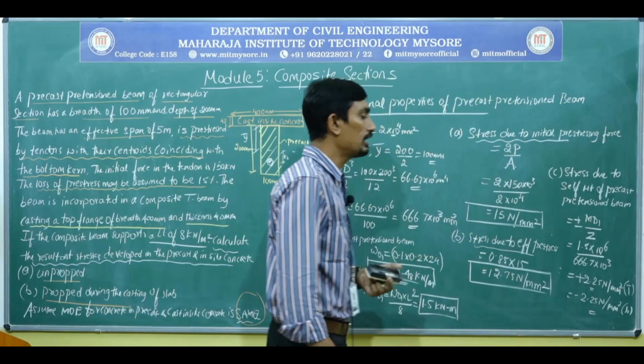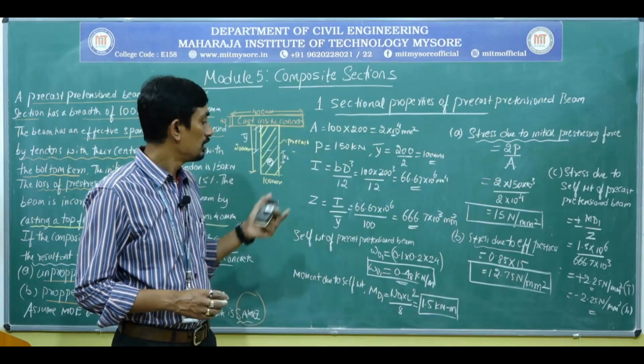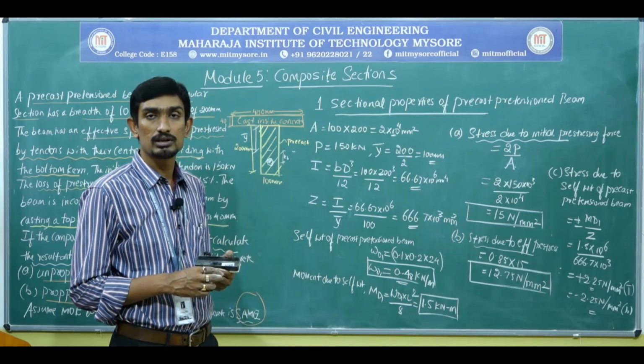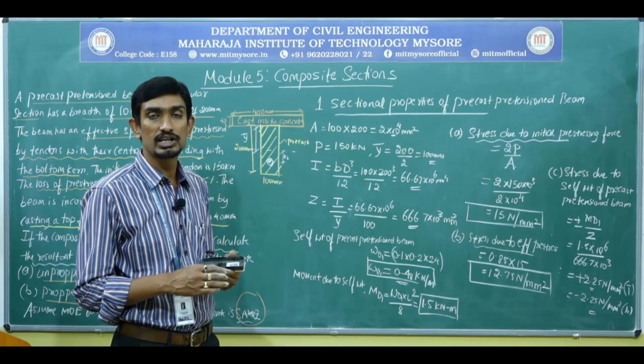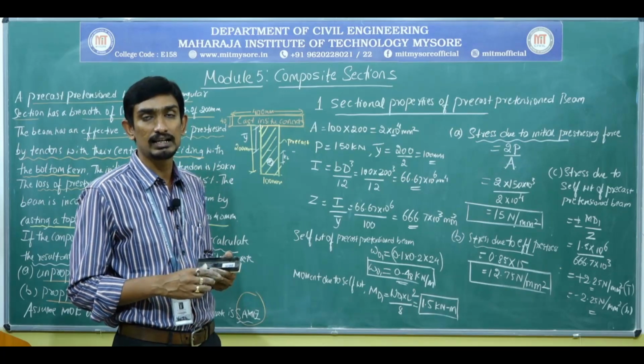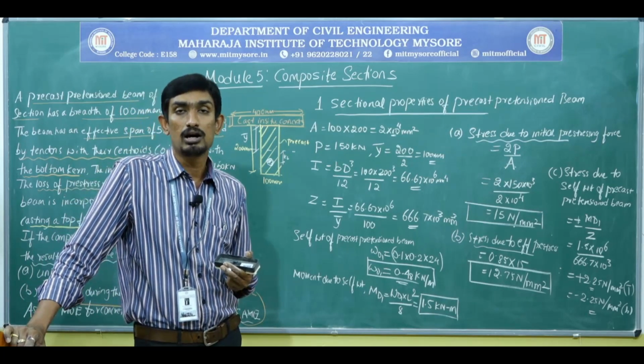We need not worry about ZT and ZB because it is a rectangular section, and because of the rectangular section, the centroidal axis will be located exactly at the middle portion or center.